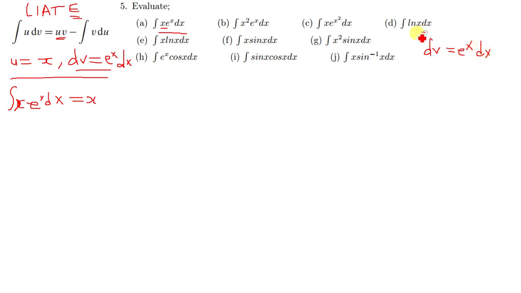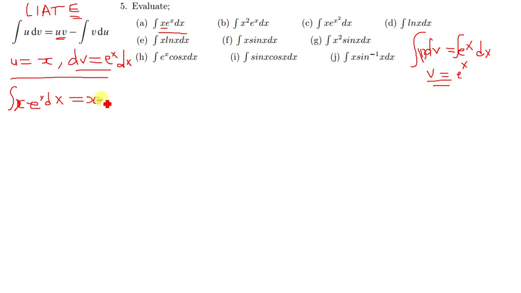So I'm going to introduce the integral signs. When I integrate 1 with respect to v, I'm going to have v, being equal to the integral of e to the power x with respect to x, which is the same e to the power x. This one does not change. So in short, my v is just going to be equal to e^x.